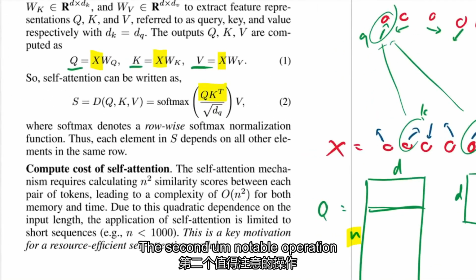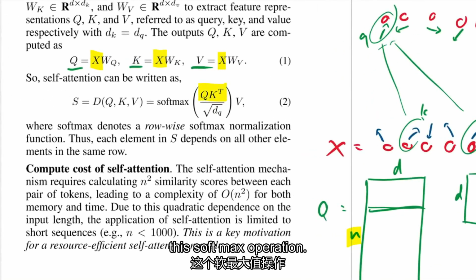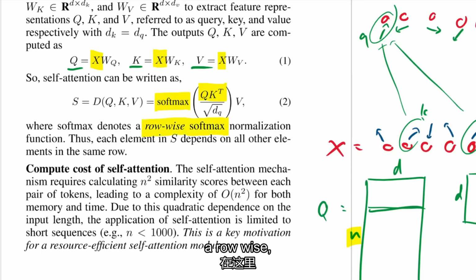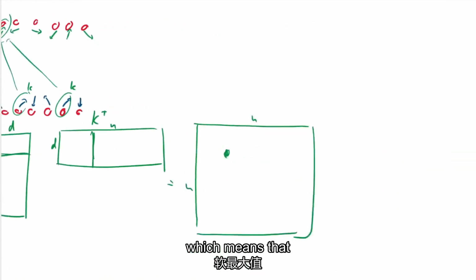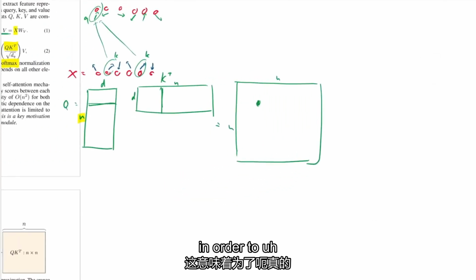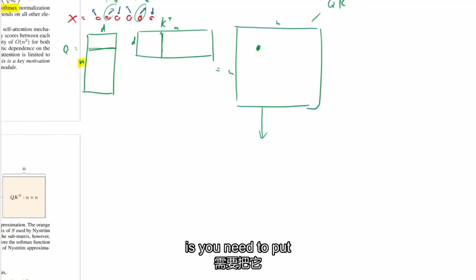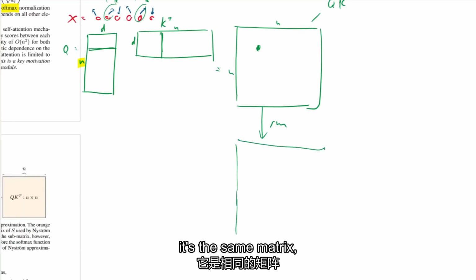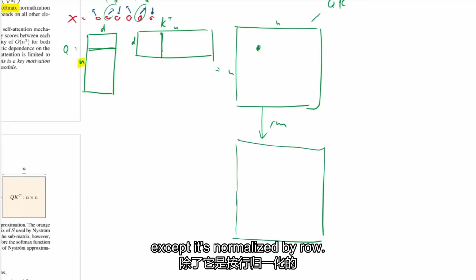The second notable operation here is this softmax operation. So after you've put queries and keys together, you want to perform a row-wise softmax. It says it down here, a row-wise softmax. So this here is simply queries times keys. This is not the self-attention matrix yet. What you need to do is put it through a softmax, and in the softmax it's the same matrix except it's normalized by row, right?